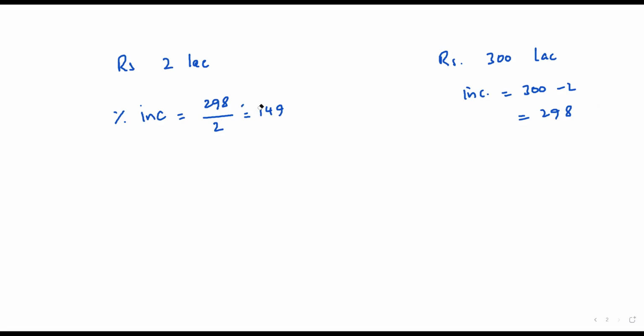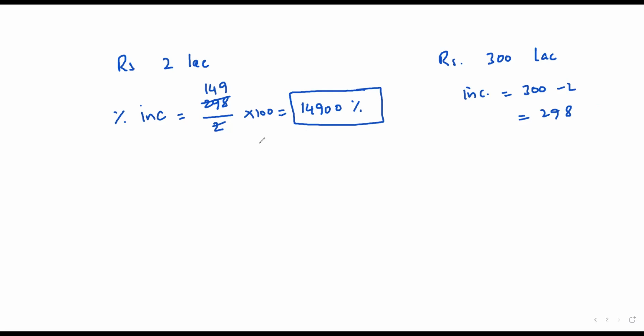Let me erase this. I forgot to write that times 100%. So if you cancel it out, this is going to be 149, which is 14,900%. Look at this. This is such a big percent increase over here.